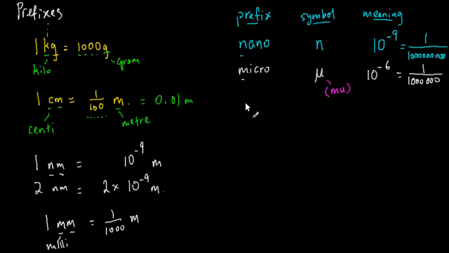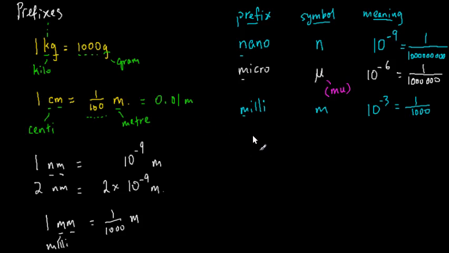Okay, now let's move on to the next prefix, and as I've already said, that's the milli. M-I-L-L-I, milli, and the symbol would be the first letter M. And that would be 10 to the power of minus 3, which is 1 over 1000. Let's press on.